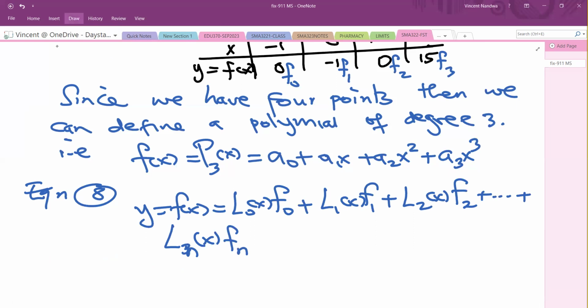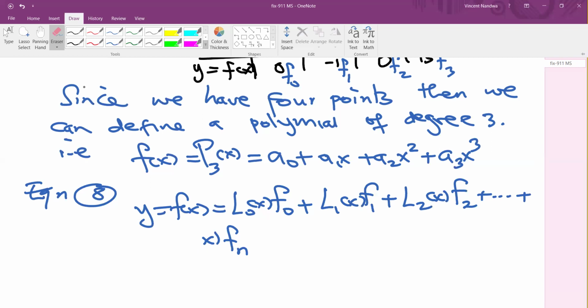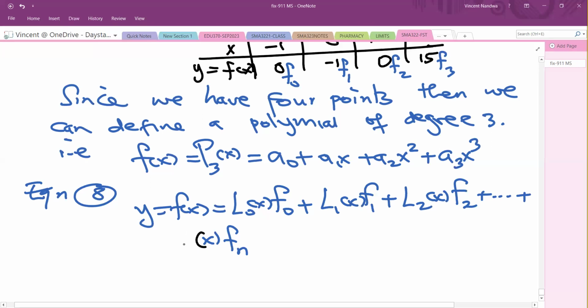That's the short form of equation 8, where the Li are those coefficients of the fi values.